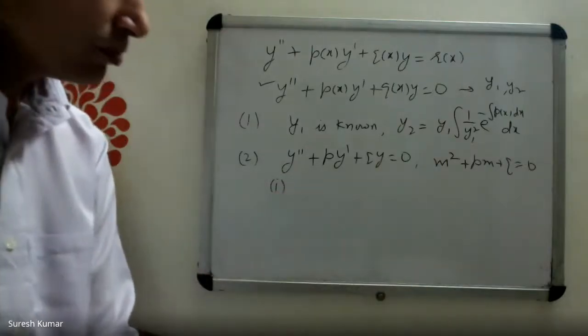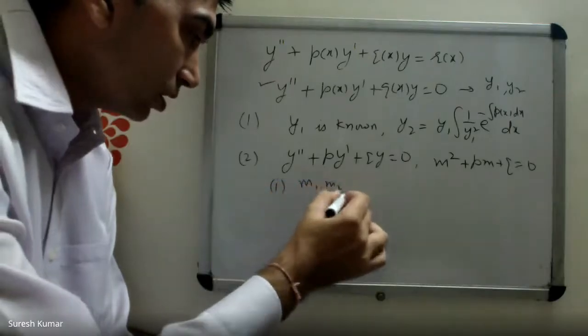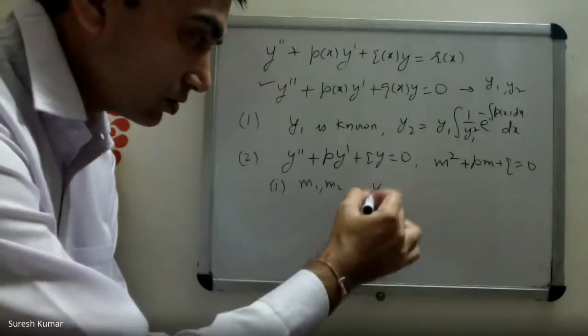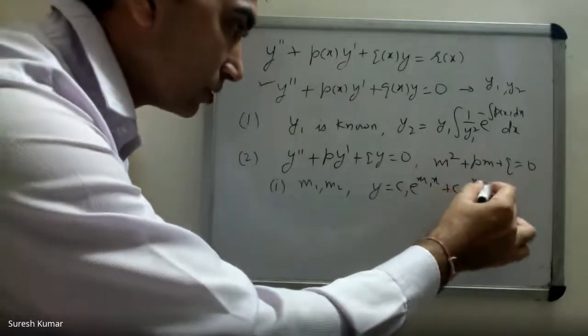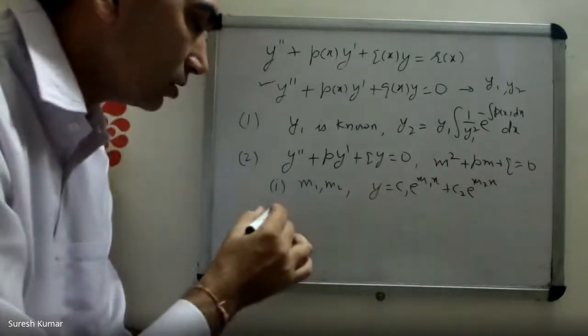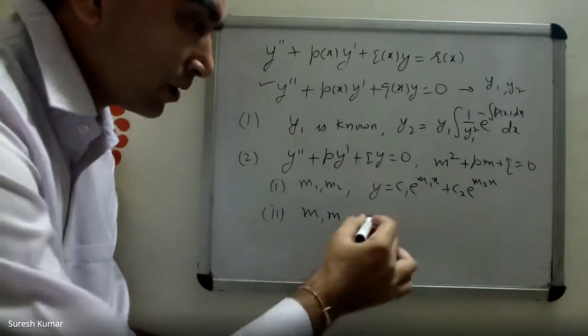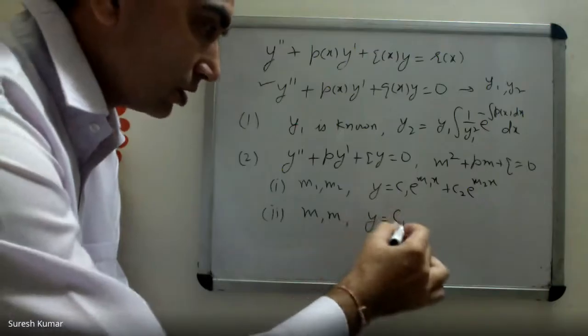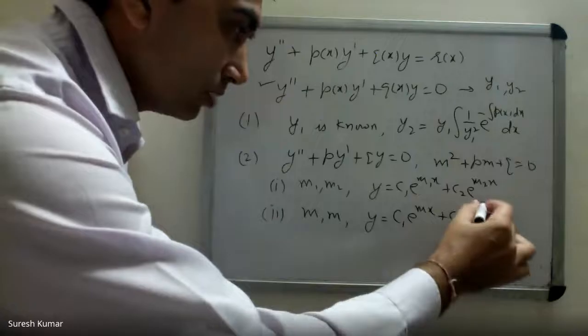First, if the roots are real and distinct, say m1, m2, then the general solution is c1 e power m1x plus c2 e power m2x. Second, if the roots are equal, say both are m, then the general solution is c1 e power mx plus c2 x times e power mx.